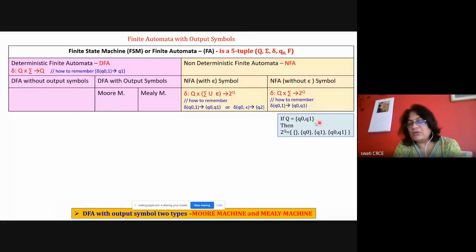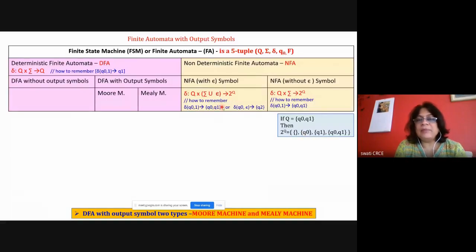So here I've written down what is meant by 2 raised to Q. If you have a capital Q as Q0, Q1, then 2 raised to Q is a set of sets, a set of states. So you have the empty set, Q0, Q1 and the set of Q0, Q1. All these are the members of this 2 raised to Q. So all the combinations.